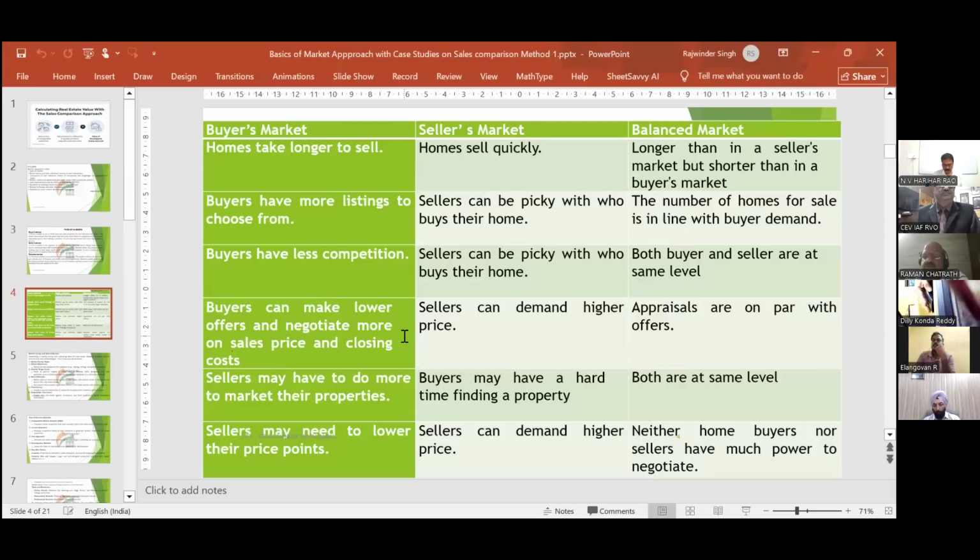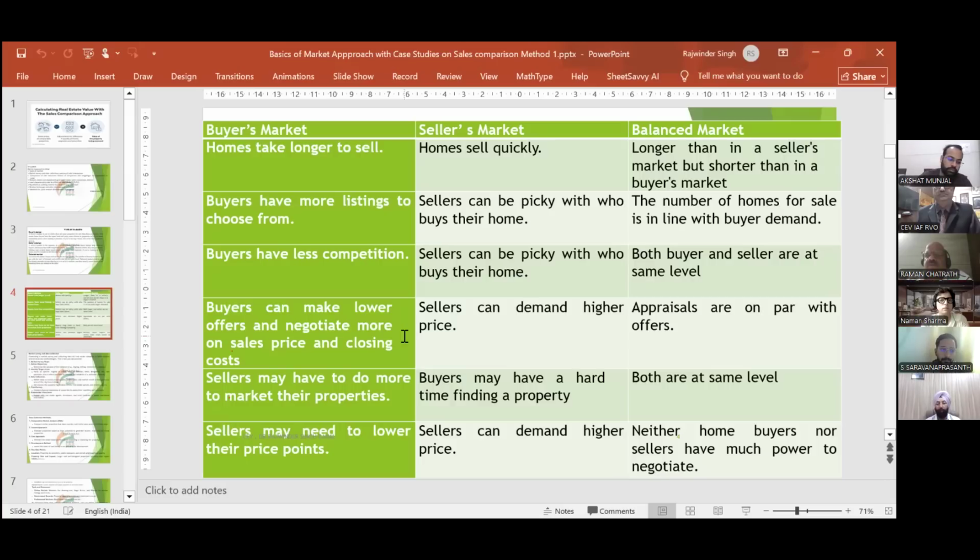So now, what are the basic things? There are certain periods in your locality, in your city, in your state, or in our country when sometimes it is a buyer's market and sometimes a seller's market. During COVID, it was a buyer's market.